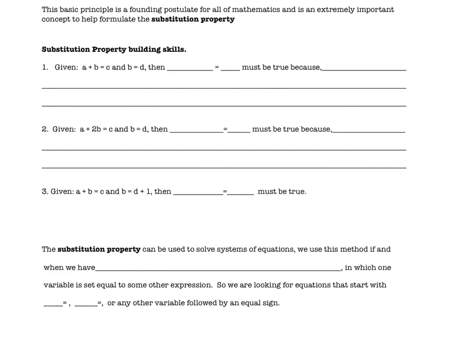In this case, the substitution property doesn't have one variable equal to two separate things, but it does have one variable equal to something.